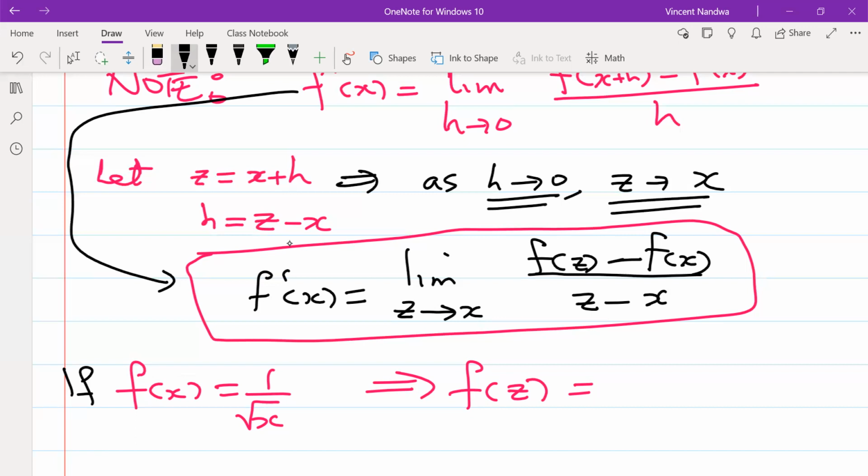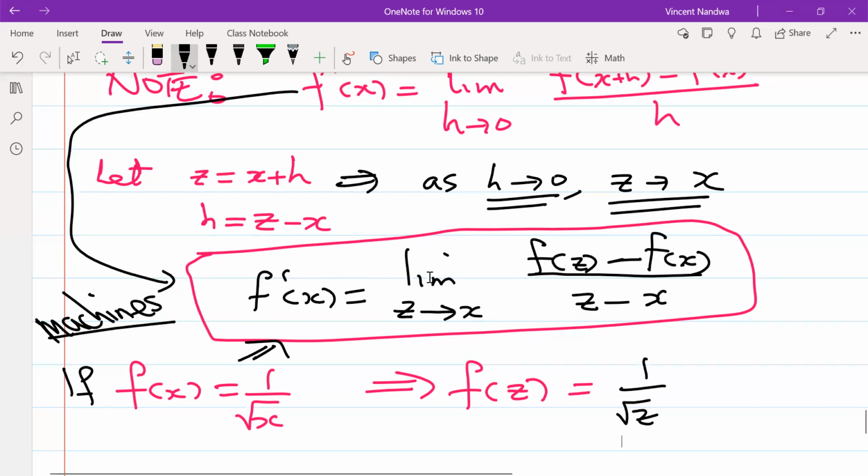I'll never tire to remind you that we are taking these things as machines. Yes, we'll connect it to this definition here. That's why I'm looking for f of z. Yes, 1 over root z, okay?